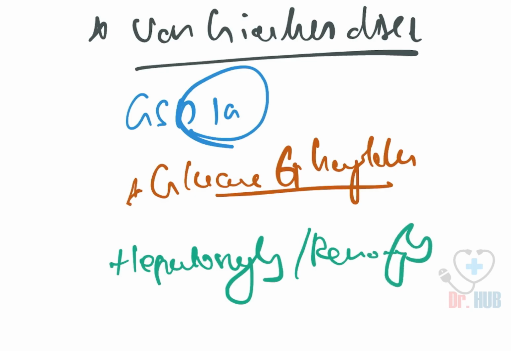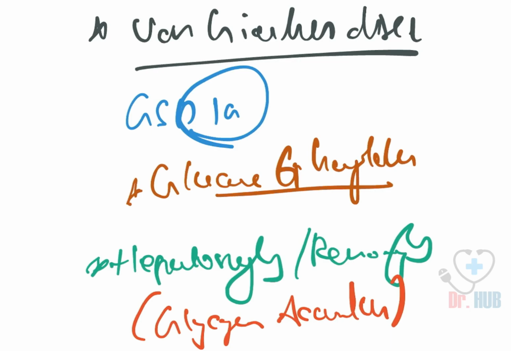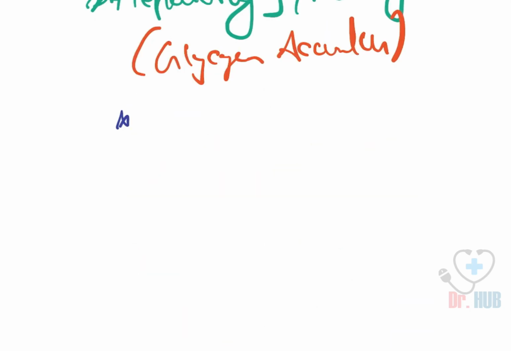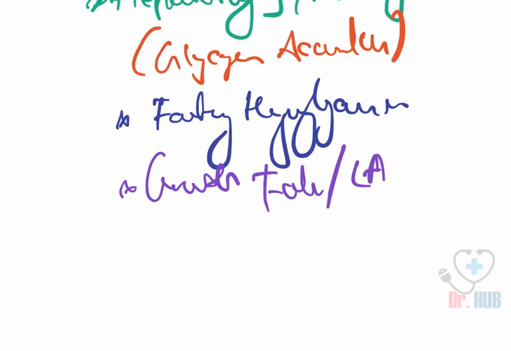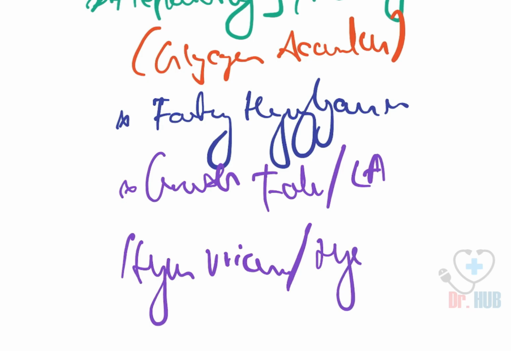There is also renomegaly. All this is due to the glycogen accumulation. There is also severe fasting hypoglycemia. There is growth failure, lactic acidosis, hyperuricemia as well as hyperlipidemia.